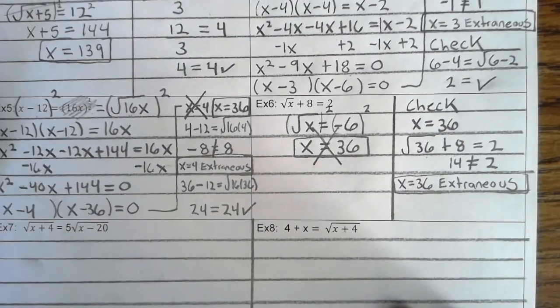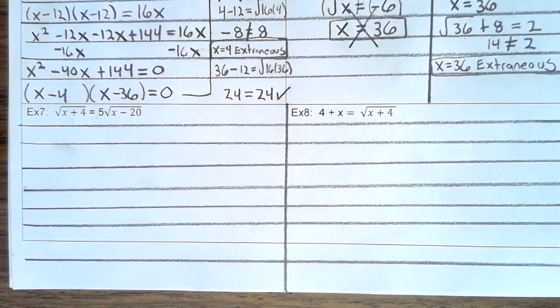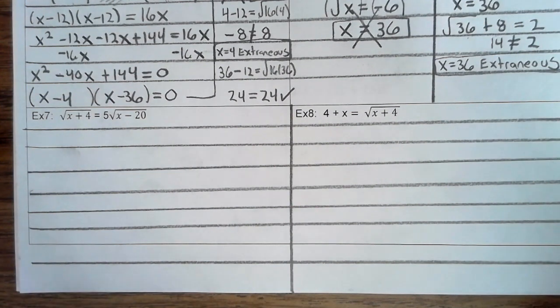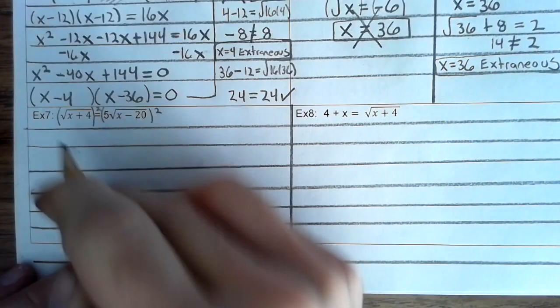All right, let's take a look at example 7. So here we isolate the square root. There's nothing we can isolate. It's as isolated as it can be. So we're going to square both sides. Well, that becomes a power of 1.